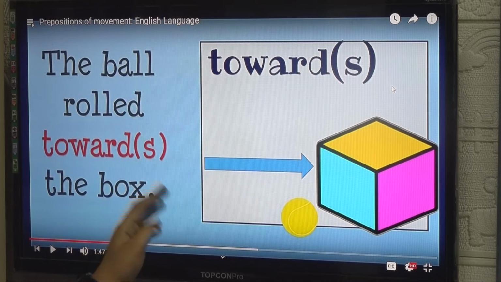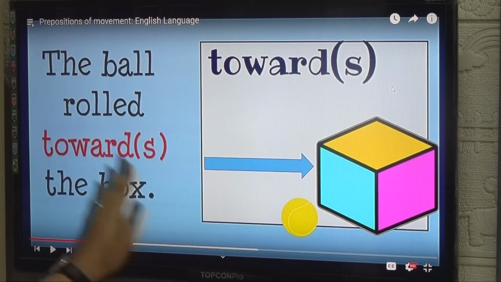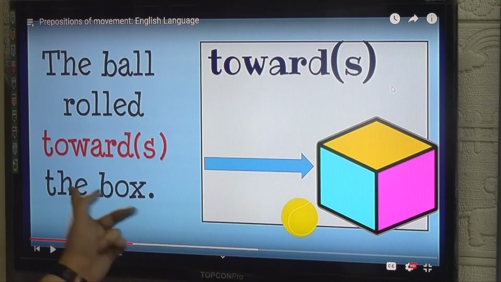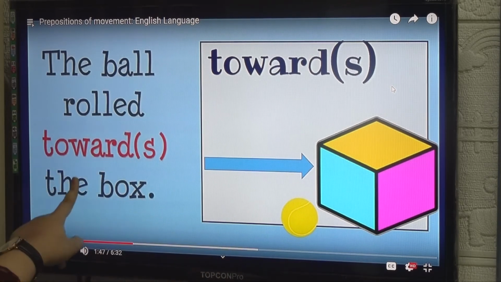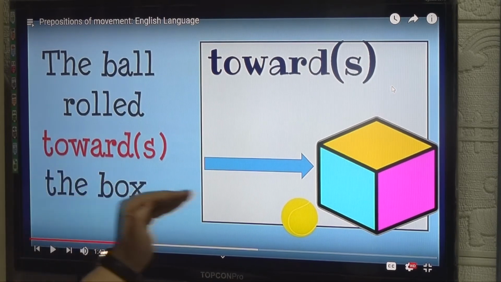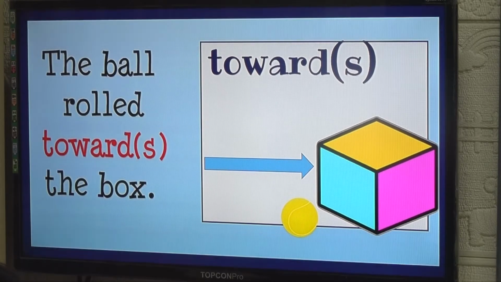So basically, it's going to the box, towards the box. In simple meaning, I'll say it's going to the box, right? Specifically going to the box. That's why we use towards. The ball rolled towards the box. Next one.